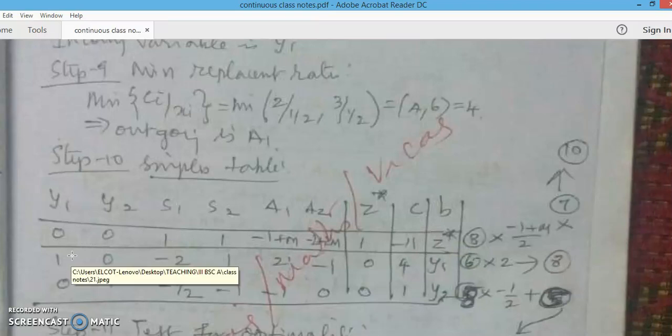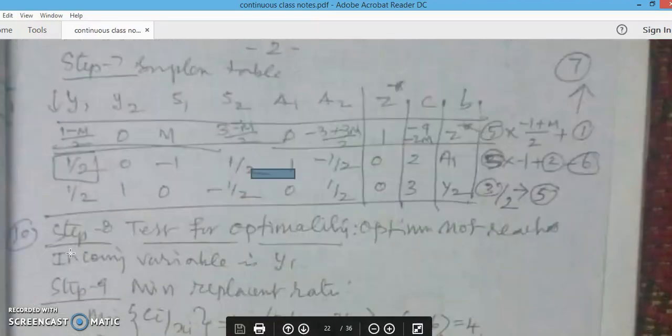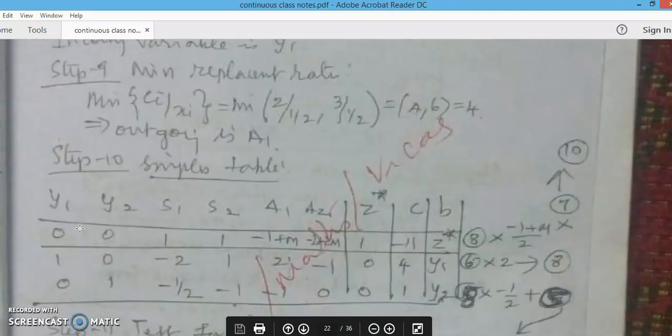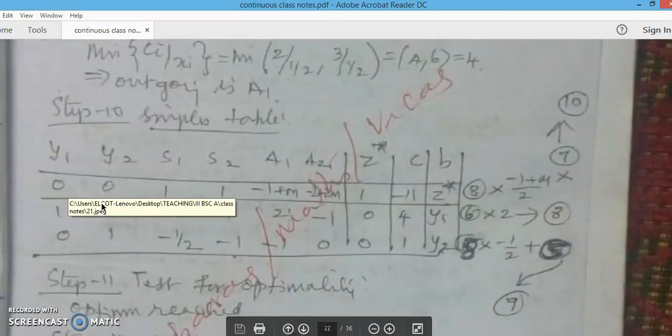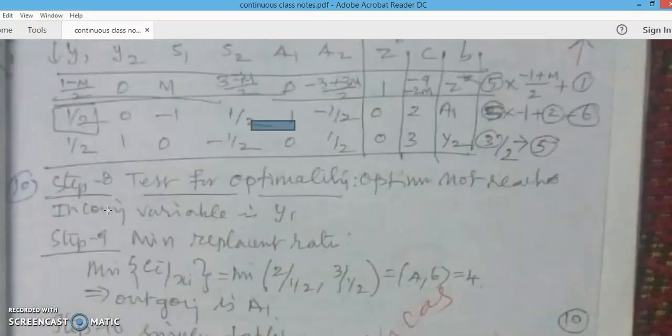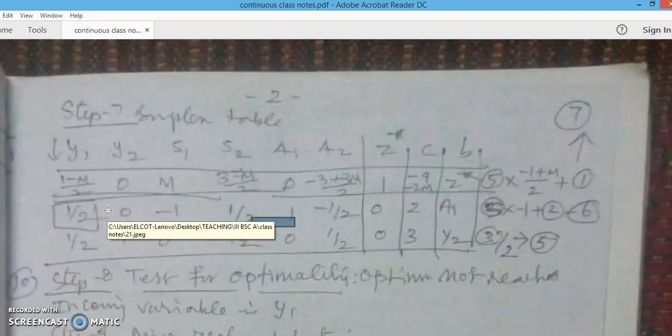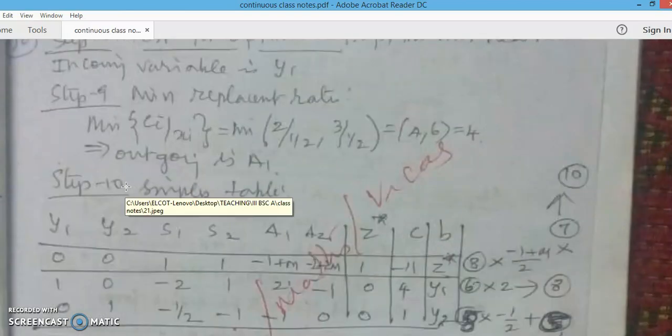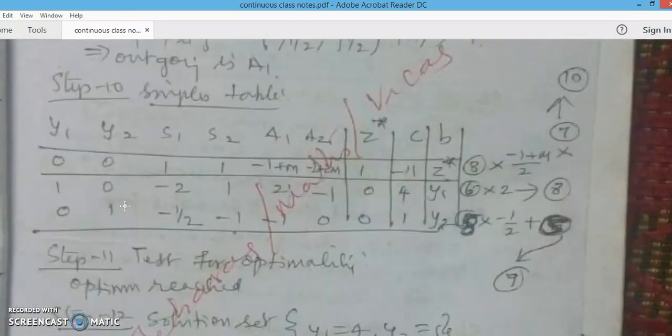Multiply this by minus 1 plus m by 2, and add with this element. Okay, you will get this. So like that you do all, you will get this particular equation.